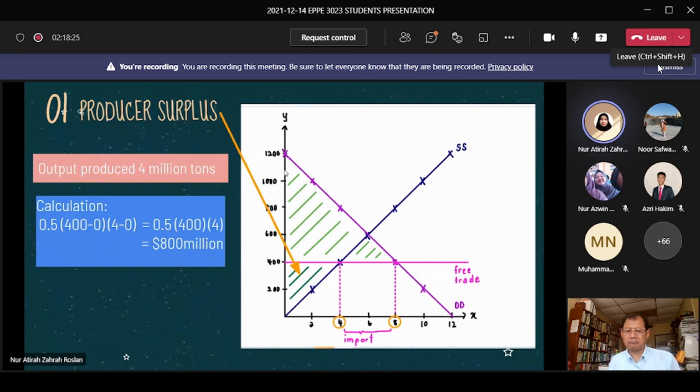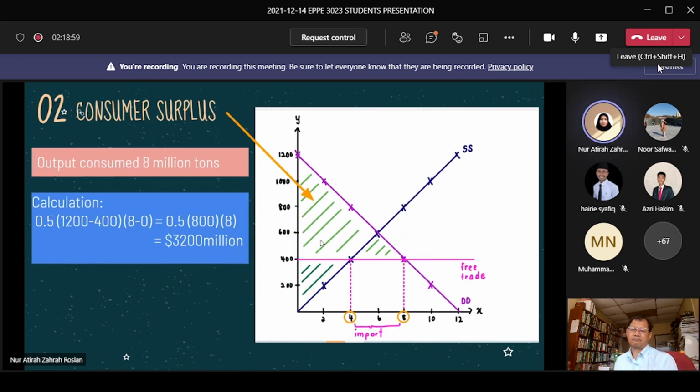Gila Keluli's producer surplus is computed as the area below the price of $400 and above Gila Keluli's supply curve, for the output produced of 4 million tons. This means the producer surplus is the area shown by the arrow. The total producer surplus is $800 million, as you can see from the calculation here.